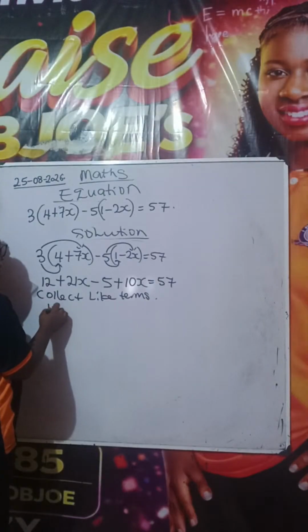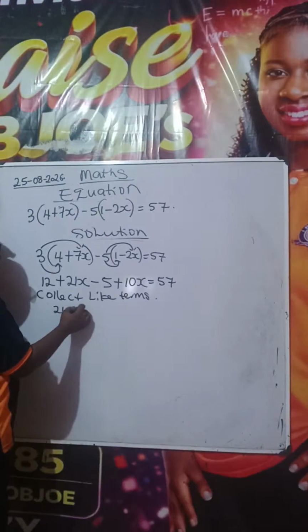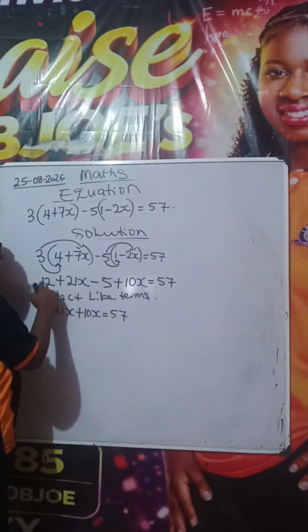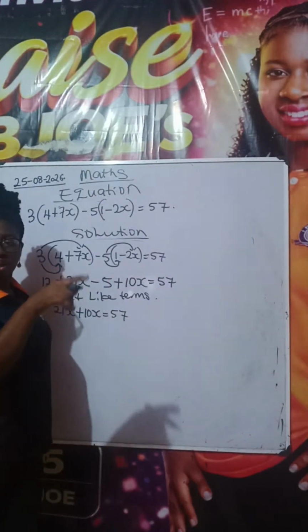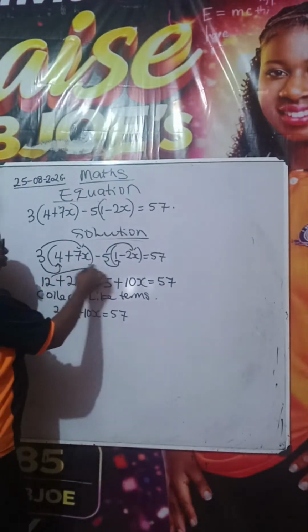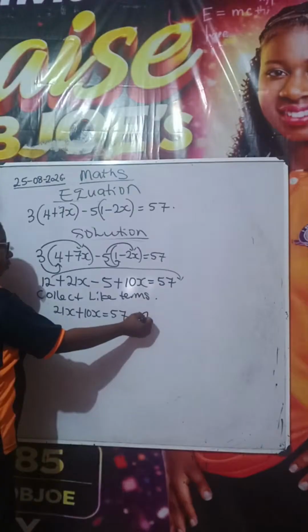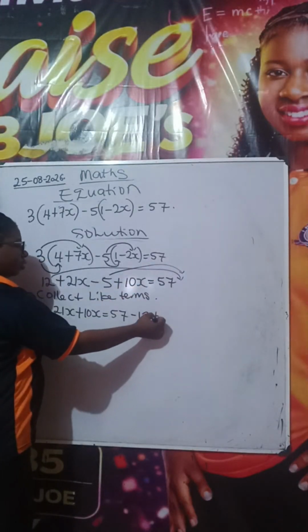So we have 21x plus 10x equals to 57. I'm moving the 12 to the right. I want the 12 to move to the right, it will change to minus 12. Also, I'm moving 5 to the right. We have plus 5.